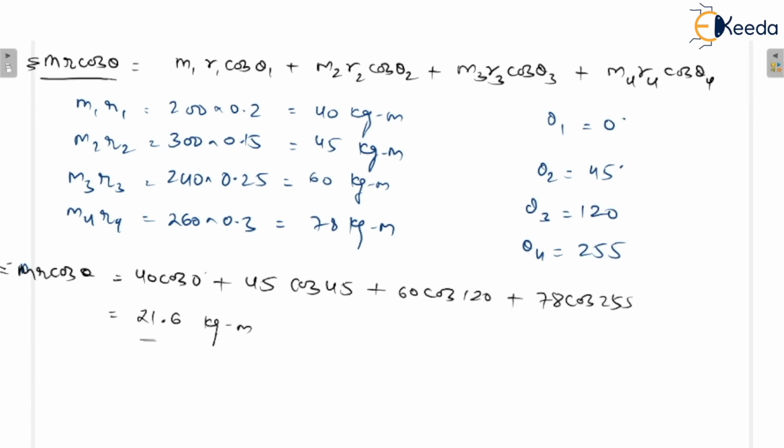Similarly, we can calculate summation of MR sin theta, that means summation of vertical forces, and it would be M1R1 sin theta 1 plus M2R2 sin theta 2 plus M3R3 sin theta 3 plus M4R4 sin theta 4. Once you have calculated M1R1, M2R2, you need not calculate again.